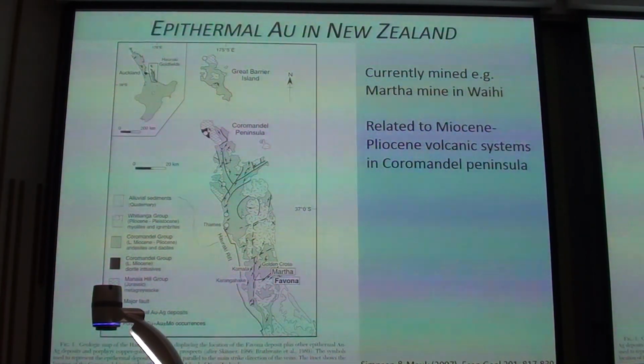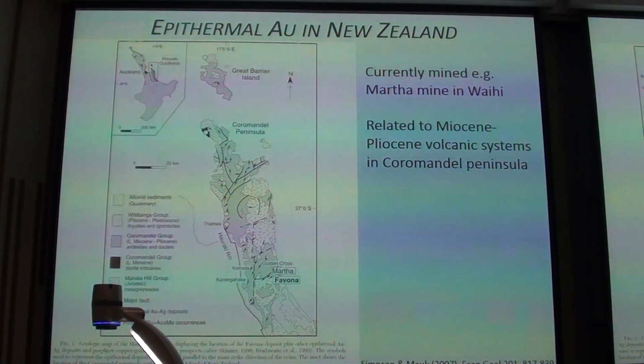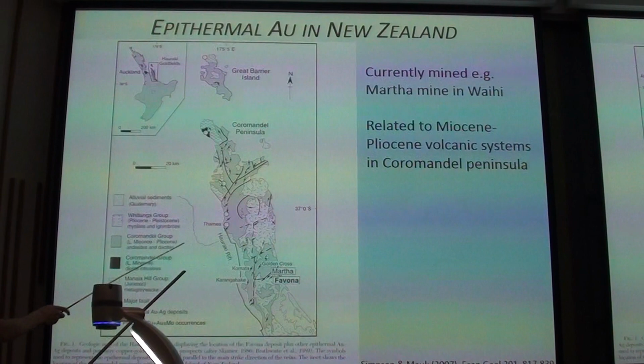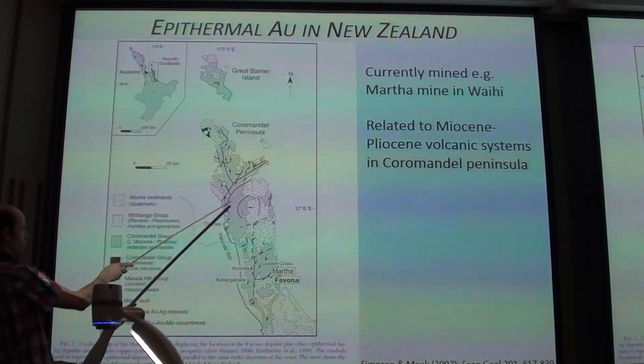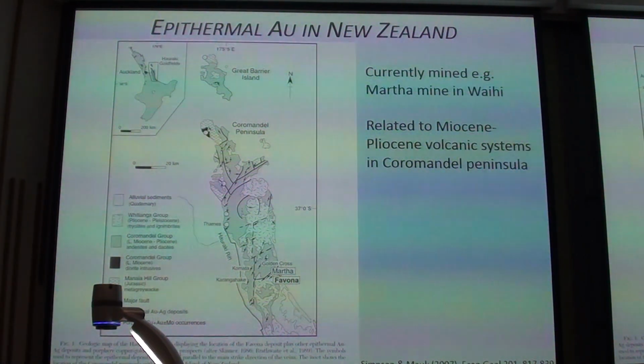What we know, however, is that the Coromandel was a Miocene volcanic arc. And there we have, like the Martha Mine at Waihi and other systems, including porphyry systems here, which is, however, not easy to exploit because of environmental regulation and other things.